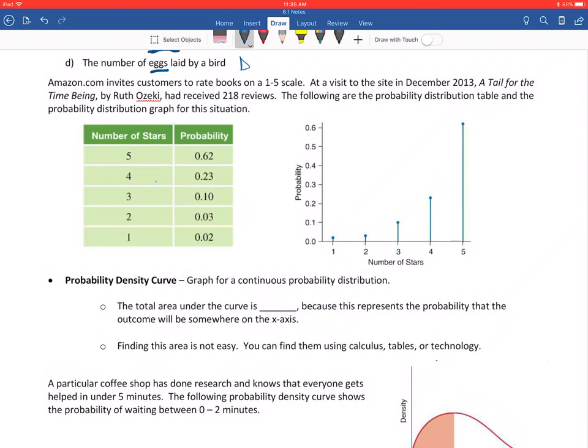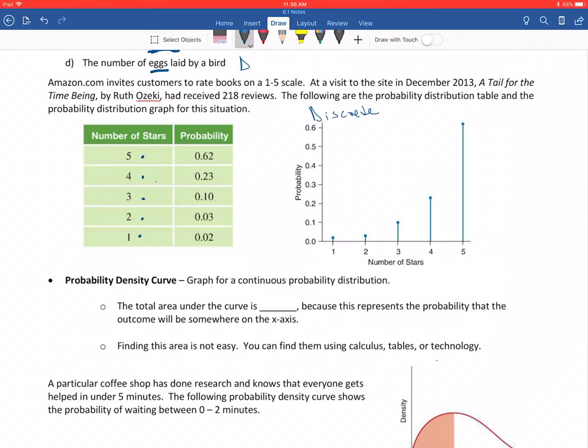Here's an example of a discrete probability distribution. So I'll write that here. As you notice, this was a book on Amazon that could be rated as 1, 2, 3, 4, or 5 stars, and there were no in-between values there. You could not give a rating of 1.5 stars.